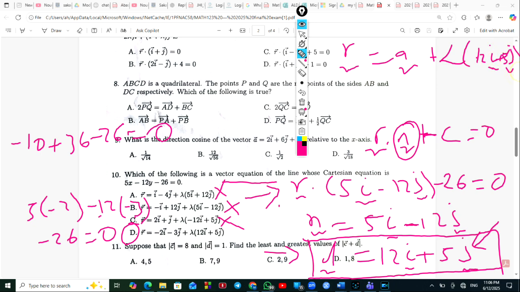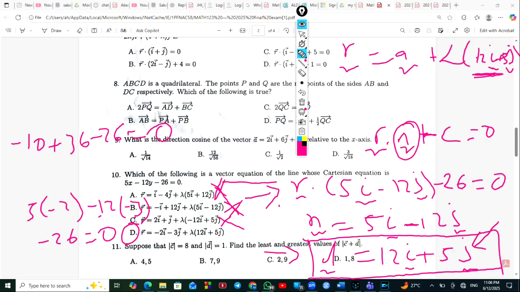So after going through the options, the only option that meets this direction vector is 12i plus 5j.